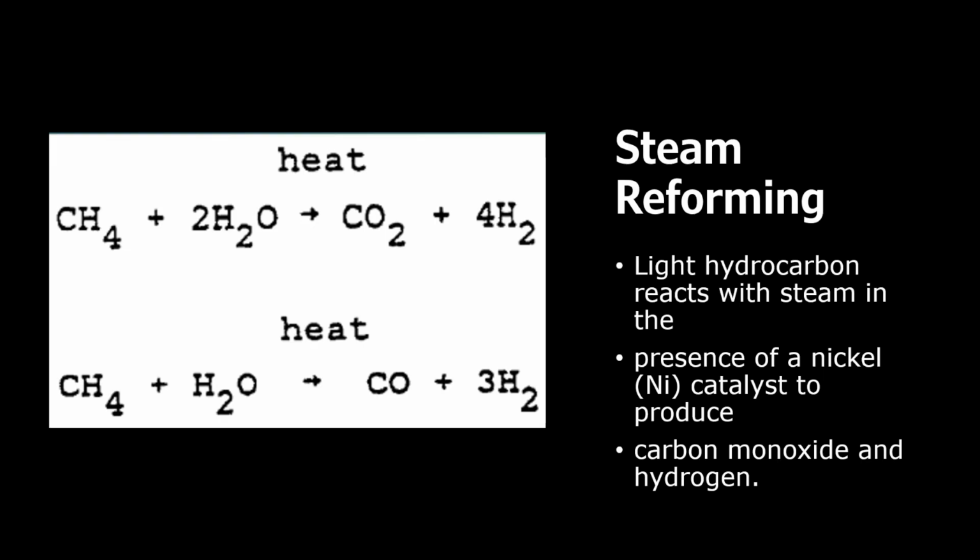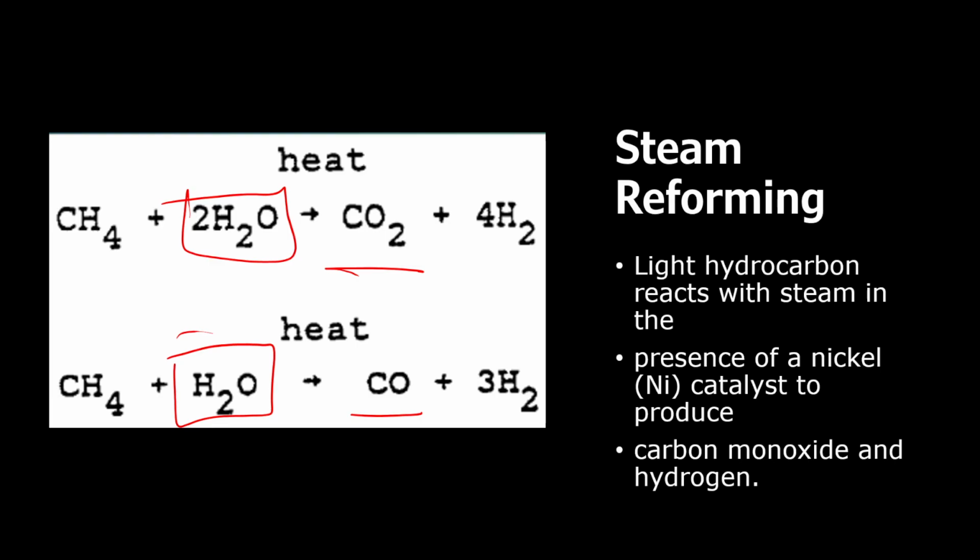But looking at this now, in steam reforming, a light hydrocarbon reacts with steam in the presence of a nickel catalyst to produce carbon monoxide and hydrogen, or you have carbon dioxide and hydrogen. So if you have excess water, you have carbon dioxide being produced. If you have limited water, you have carbon monoxide being produced. That is steam reforming.